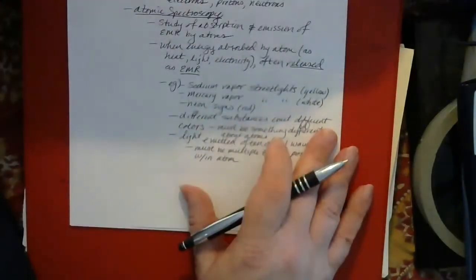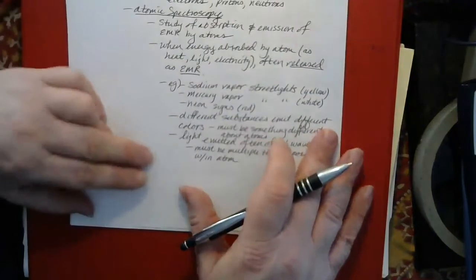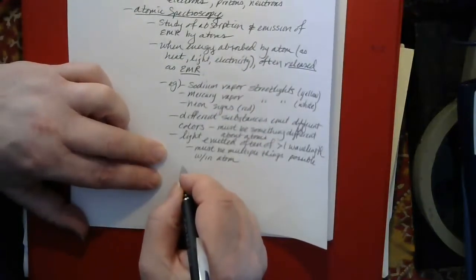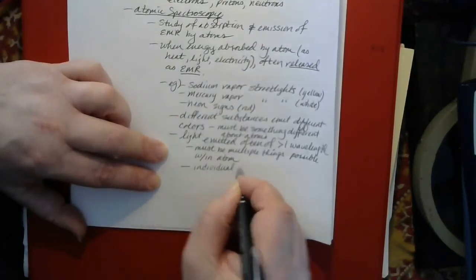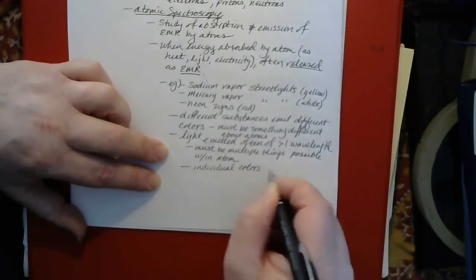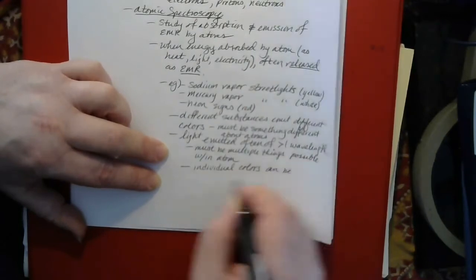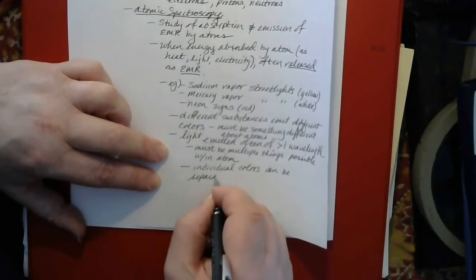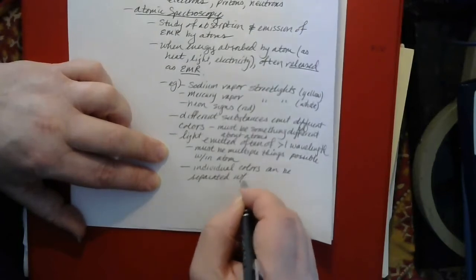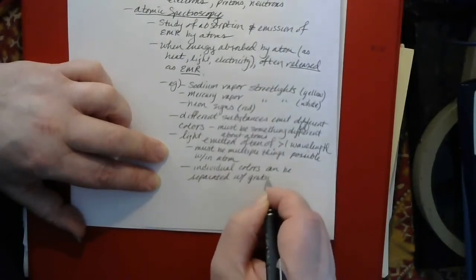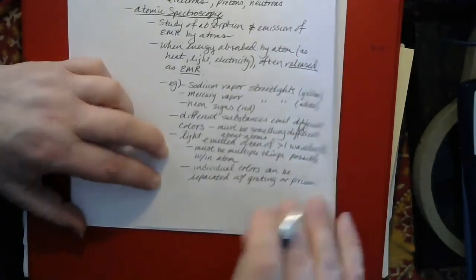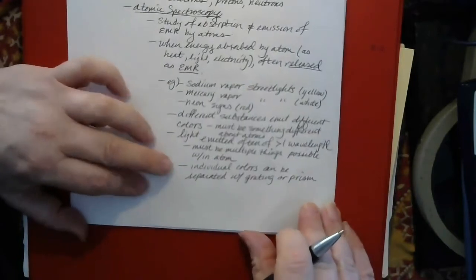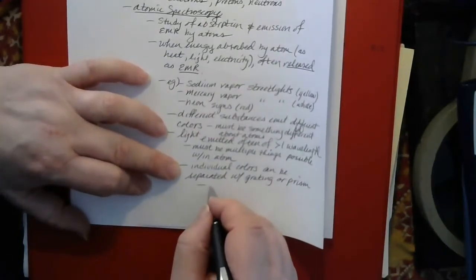On the other hand, the individual colors emitted can be separated with a grating or a prism. And once we do that, we can then observe them.